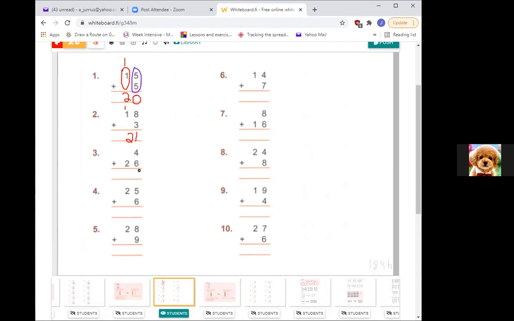What's 4 plus 6? 4 plus 6 is 10. That's right. So I write down the 0 and I carry the 1. What's 1 plus 2? 1 plus 2 is 3. So the answer is 30. 4 plus 26 is 30.